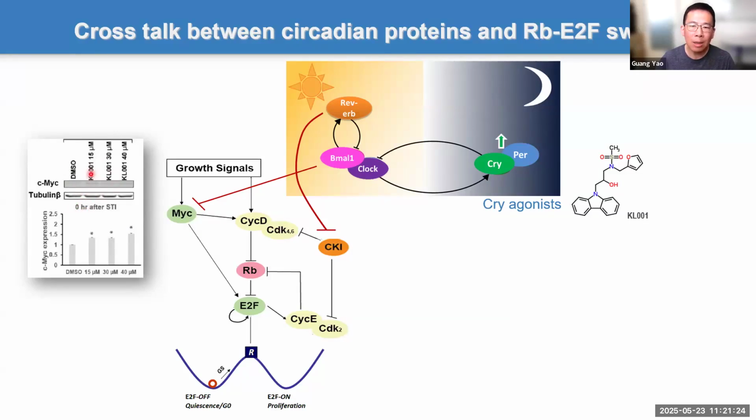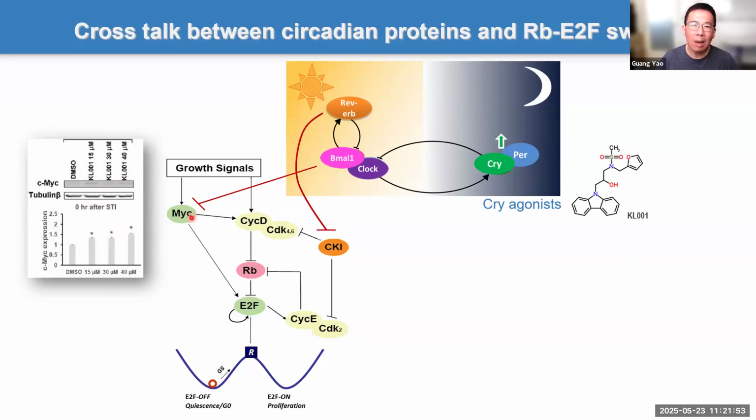It's not a very strong upregulation, but it's mild, however statistically significant. You can see that after serum starvation, the cells are in quiescence for 2 days. If you give them the CRY activator, compared to the DMSO control, there is a dose-dependent increase in MYC expression level.